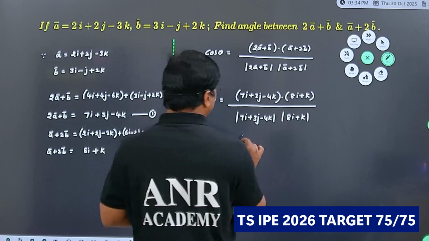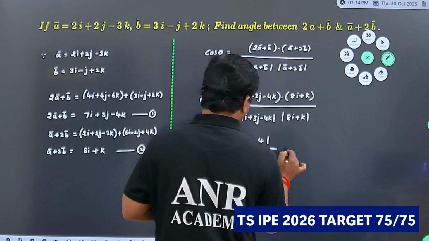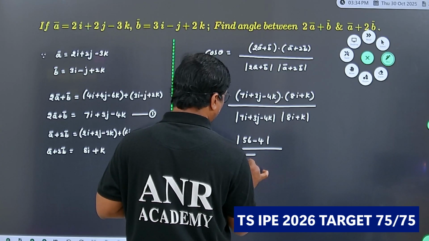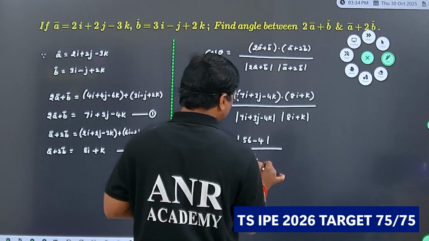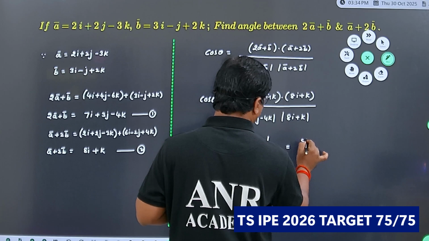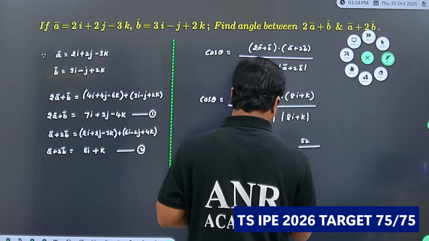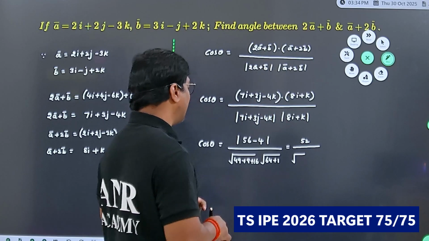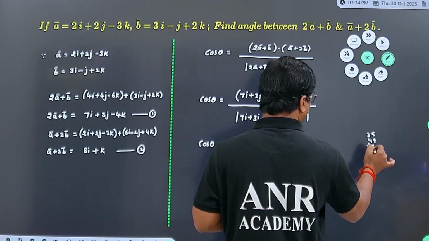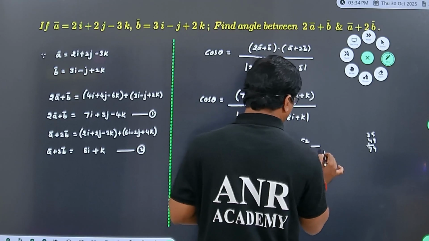So here 56 minus 4 we get in the numerator part, divided by, next magnitude of this, root over 49 plus 9 plus 16 it is, and this is 64 plus 1, so that what we get, 52 whole divided by, this is root over 74, root over 65.